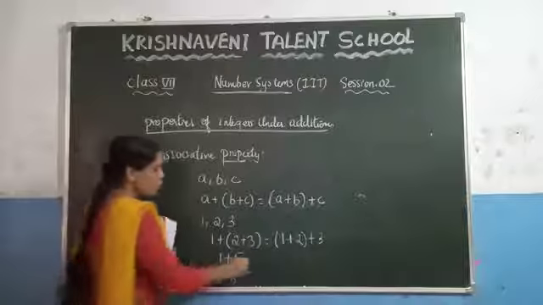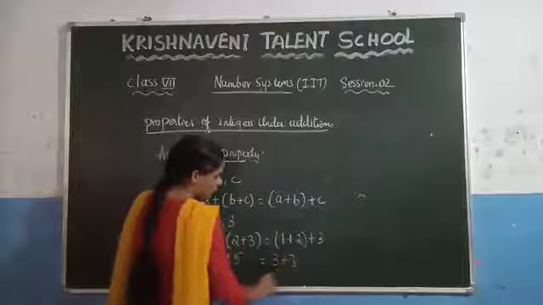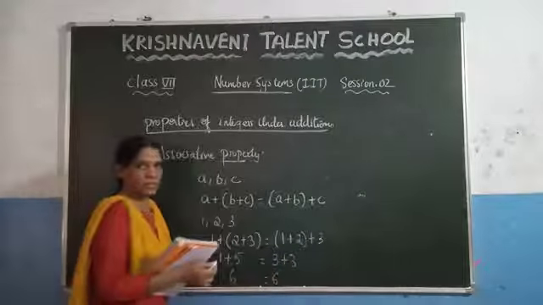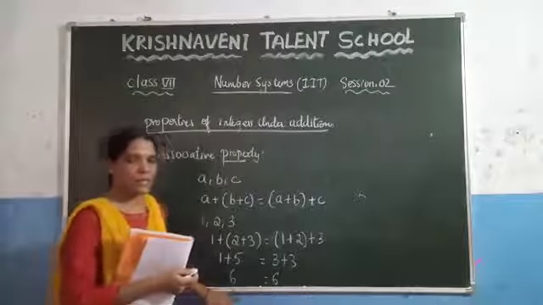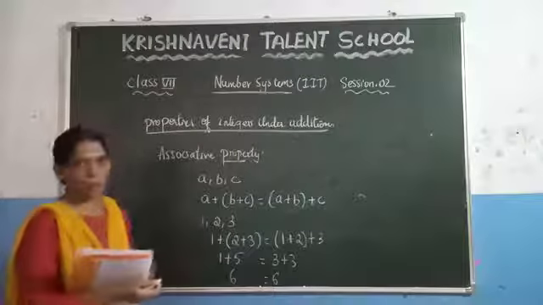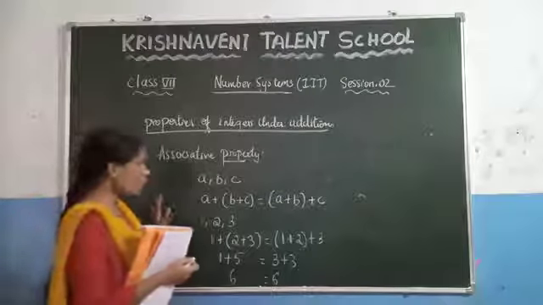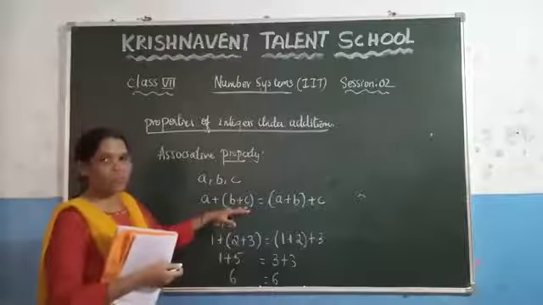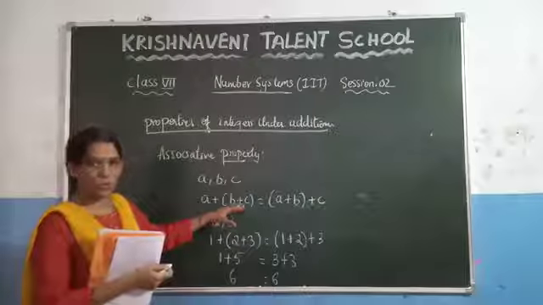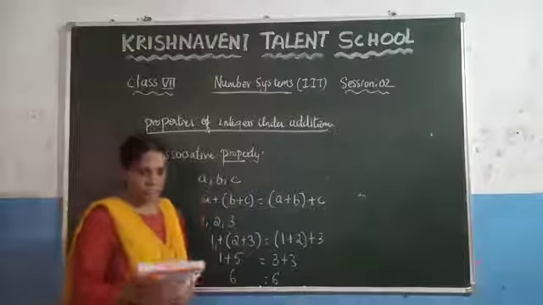Similarly here, what is the value of 1 plus 2, which is 3, and plus 3, you are getting the result as 6. Since both the results are same, we can say that the associative property holds good under these numbers. So if you have considered three integers, you need to check whether this property holds good or not. If this property holds good, we can say that the associative property holds good under addition of the integers.